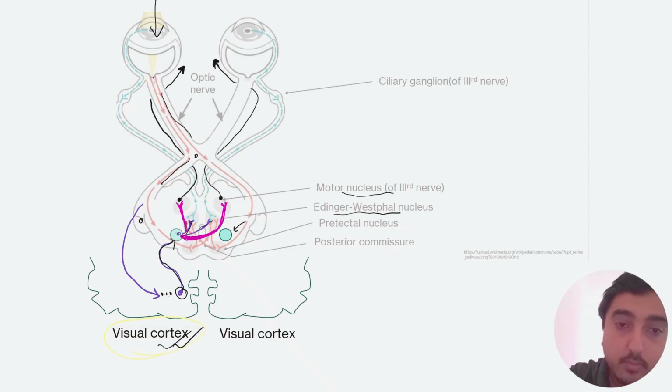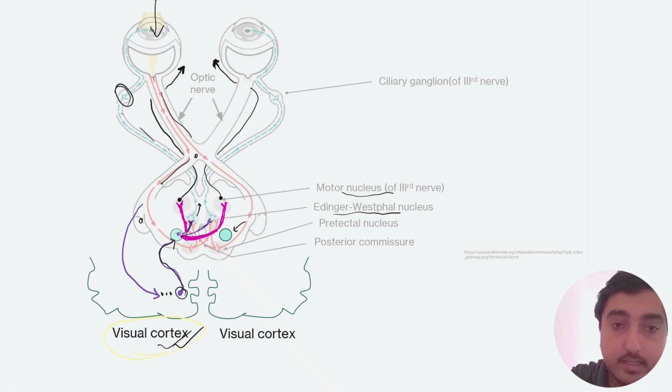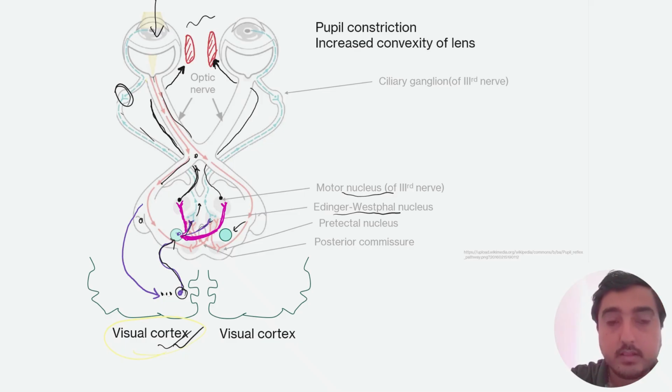And from both of these nuclei, one fiber is traveling anteriorly from the Edinger-Westphal nucleus via this tract. So this is the optic nerve that is reaching the ciliary ganglion, and from the motor nuclei it is traveling forwards and supplying the medial rectus muscle.